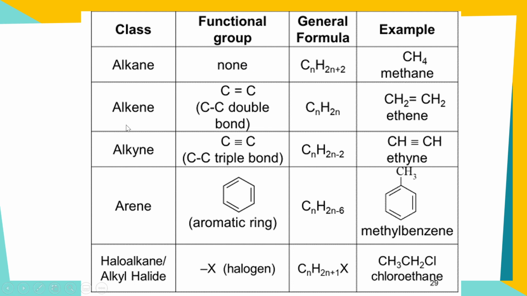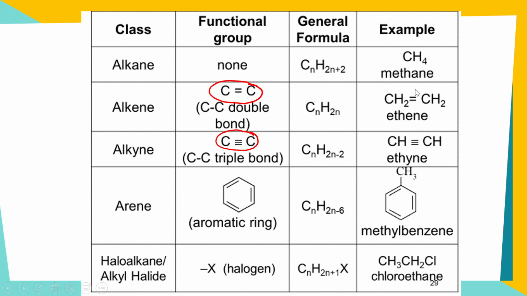For alkene, the class of compound is alkene, but the functional group is the carbon-carbon double bond. That is the difference. And for alkyne, the functional group is the carbon-carbon triple bond.